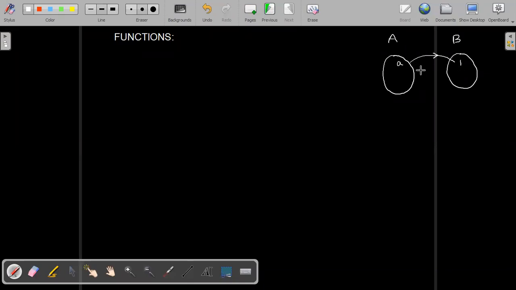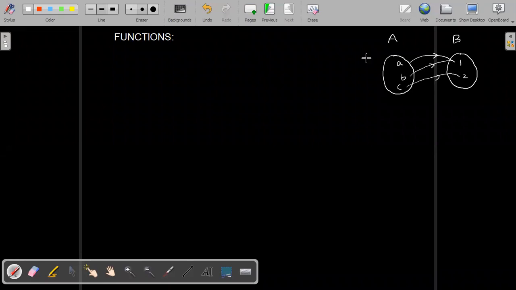B also has this image 1. And C is having image 2. This is called the image. The image of C is 2, image of B is 1, image of A is 1.